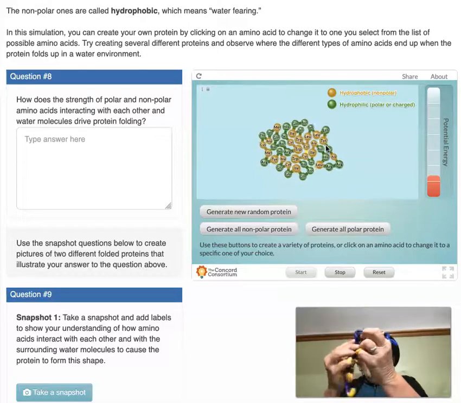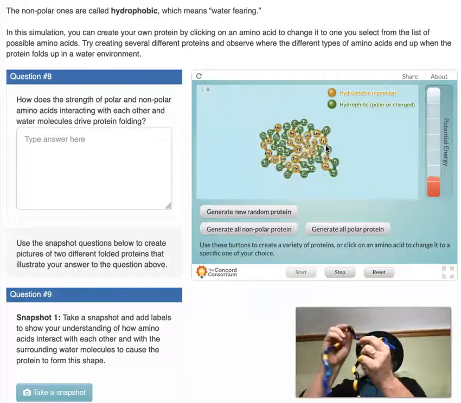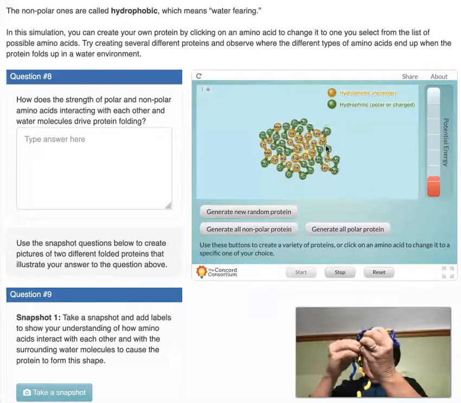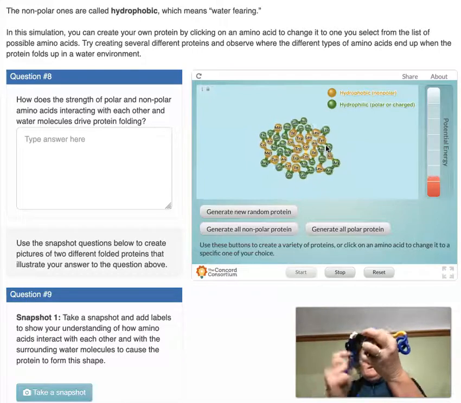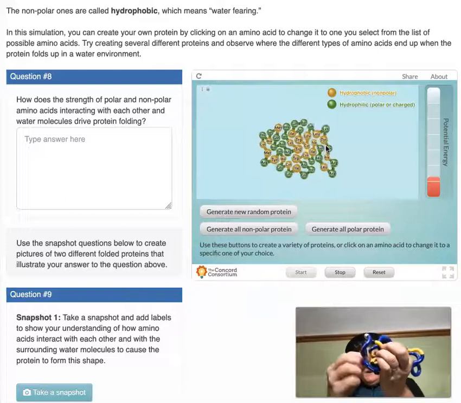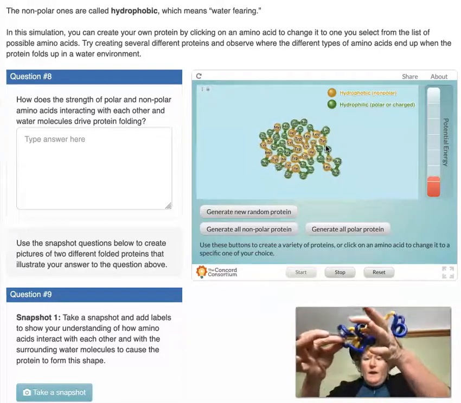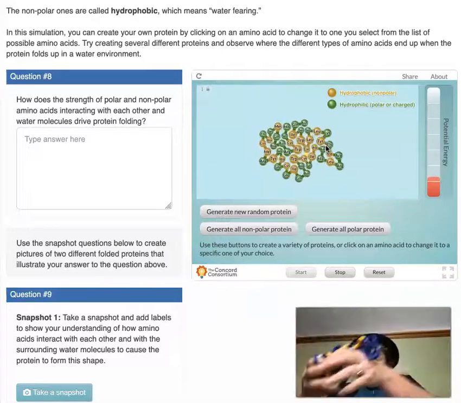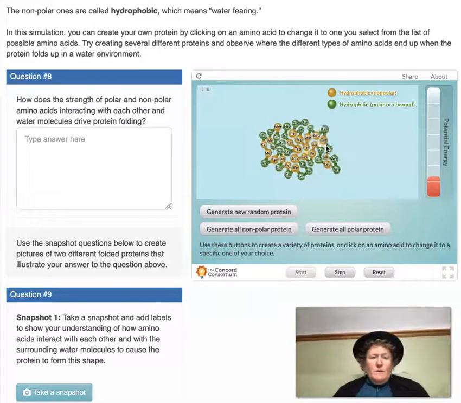I want the water-loving polar amino acids on the outside, and I want to put the nonpolar ones away from the water, so the hydrophilic parts of the protein have room on the outside to interact with water, because that's going to lead to the lowest potential energy.